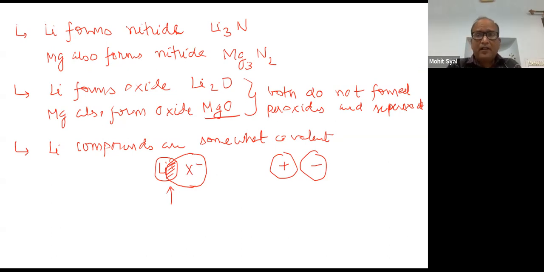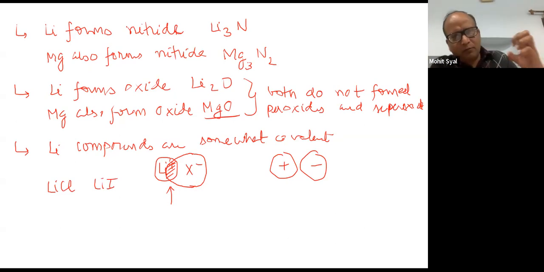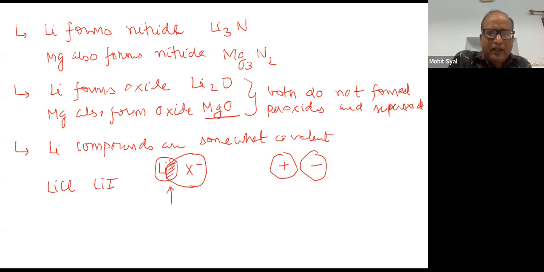Means if it is a covalent compound, it is soluble in covalent solvents, which are similar. So it formed covalent compound, like LiCl, LiBr, or lithium iodide. They are covalent in nature because of the small size that pulls the electron cloud of the anion, and that's how it gets a covalent character.